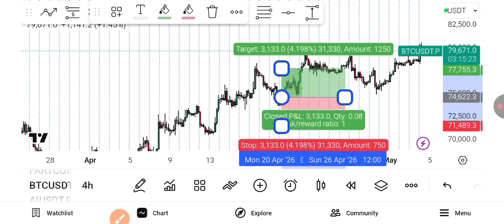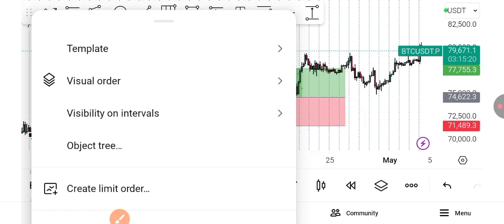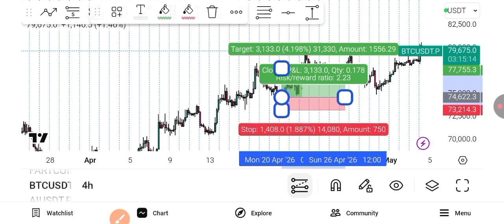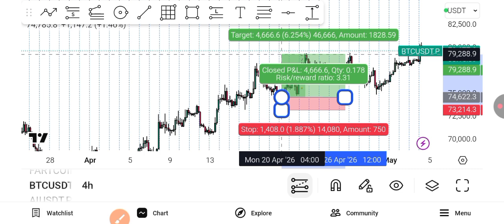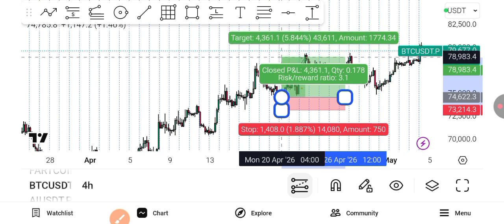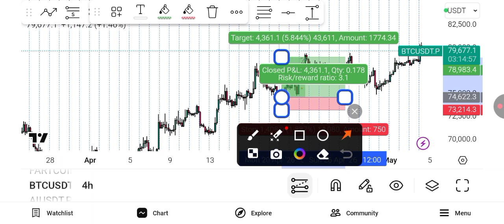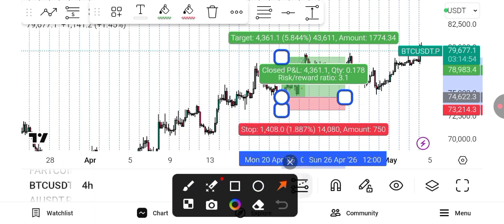Remember that immediately you place it, the first thing you have to do is reduce your stop loss, because that's your money over there. Okay, and increase this to 1:3 as a beginner. Hope you can see it. Let me show you. So this is your 1:3 right here. Okay, so this is how it is.